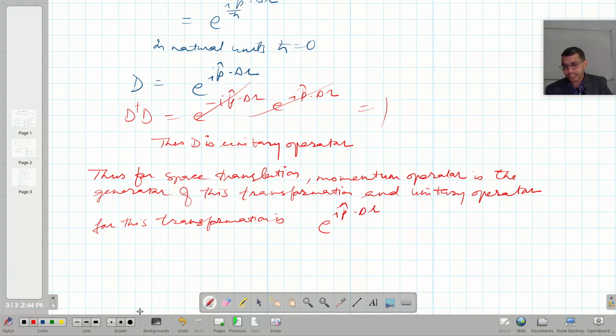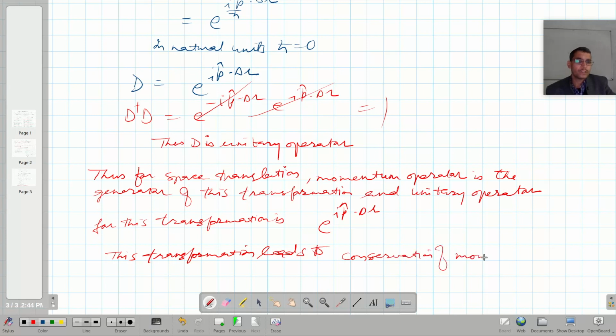And this transformation, as was discussed in the course of quantum mechanics, leads to conservation of momentum.